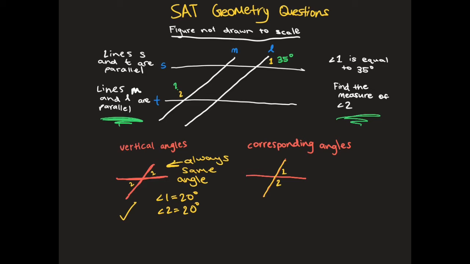So let's say angle 1 is equal to 80 degrees. To solve for angle 2, we do 180 minus angle 1 equals angle 2. So 180 minus 80 equals angle 2. Angle 2 equals 100. So that's just a quick refresher on how you solve this.